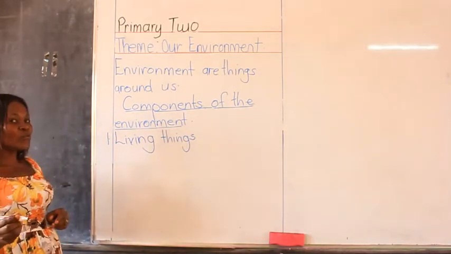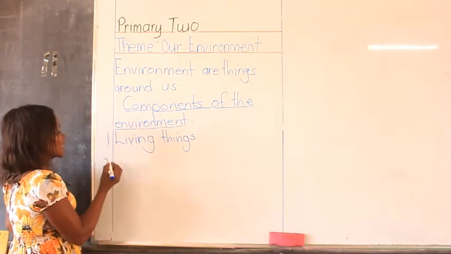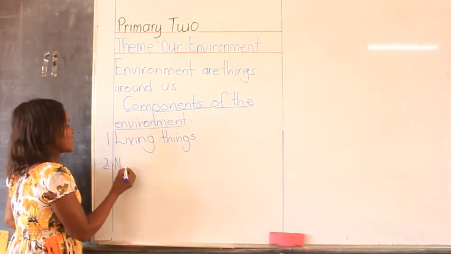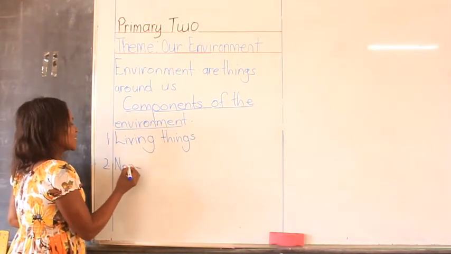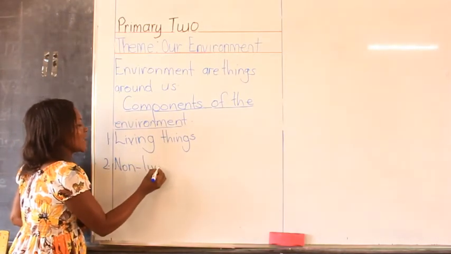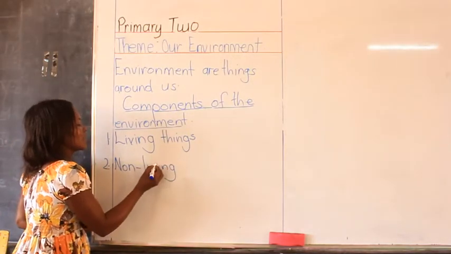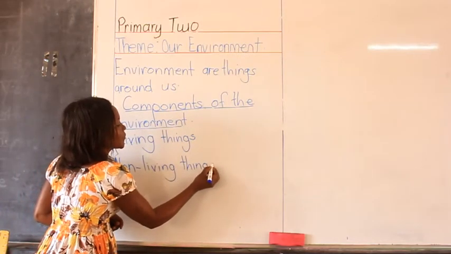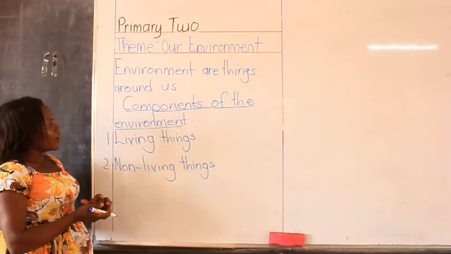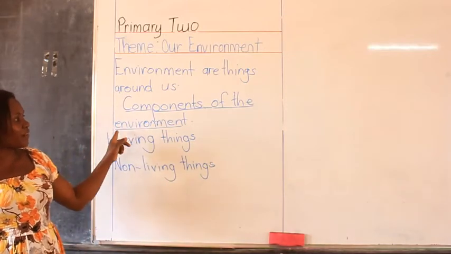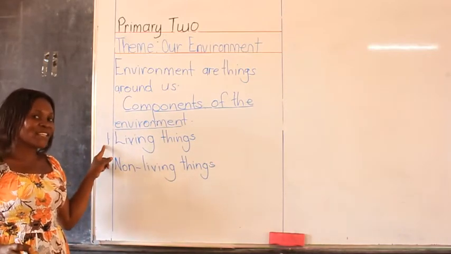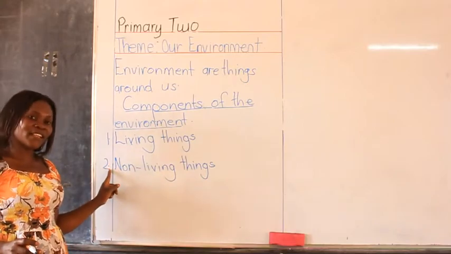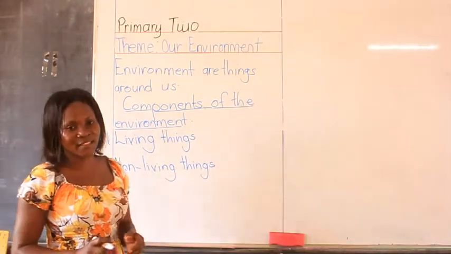And the second group is called non-living things. We have 2 components of the environment. One is living things. The next is non-living things.